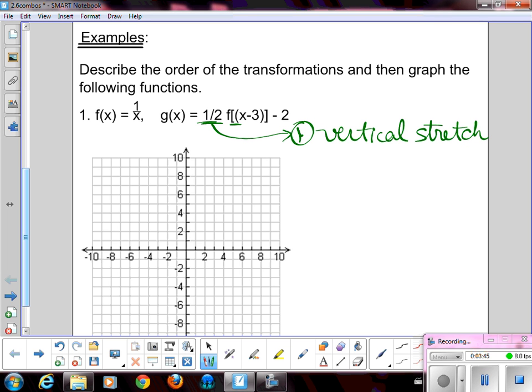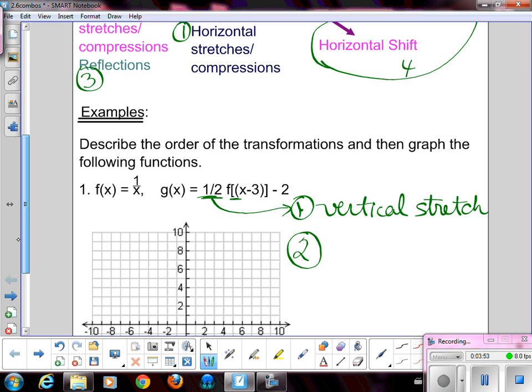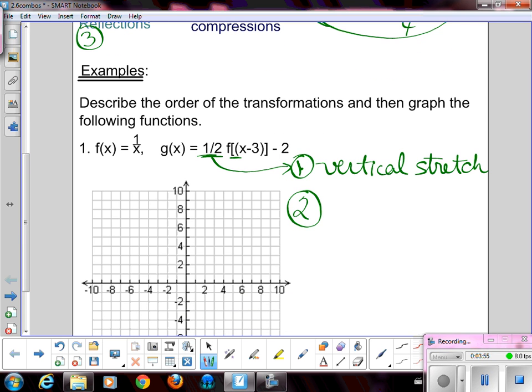And then what we could do is actually apply the other two together. We could apply the horizontal shift and vertical shift. So in this case, we're going to horizontally move it to the right 3. So horizontal shift to the right.